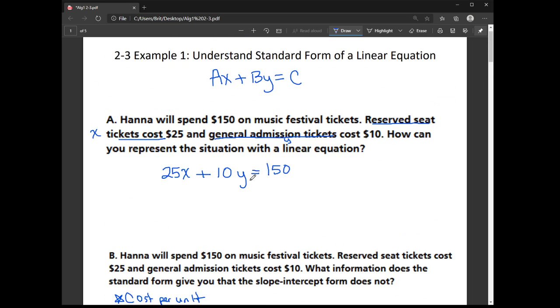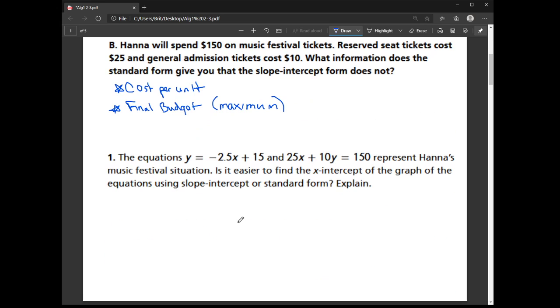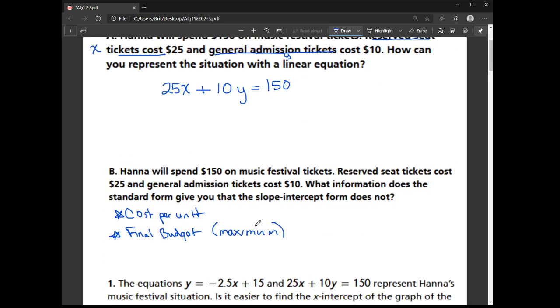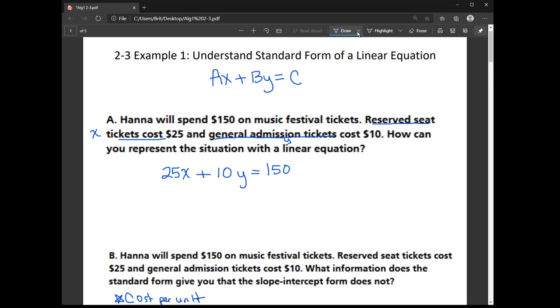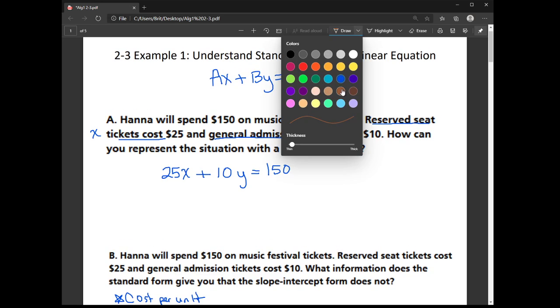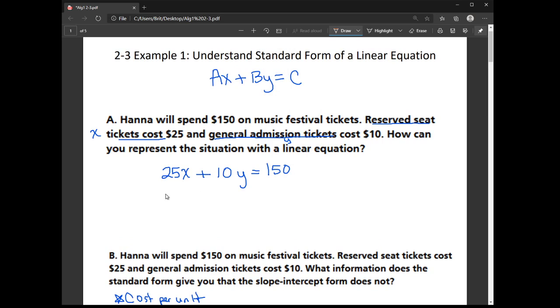So what they did was, in the book, they took this equation that we created and they converted it to slope-intercept form. I'm going to show you how they get this equation here up at part A. So if I want to get it into slope-intercept form, I'm going to subtract the 25x over to the other side of the equal sign because we need to get y alone. So I'd have 10y equals negative 25x plus 150, and then I'd divide everything by 10.